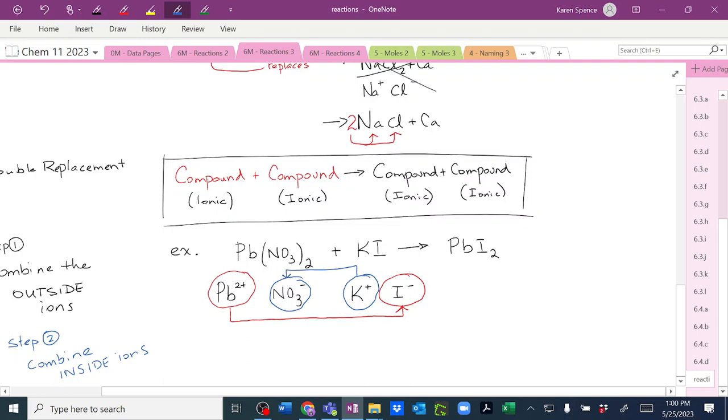Why am I going backward this time? So the K, the positive ion, ends up before the negative ion. So I want the K to go first, and I want the NO3 to go second. They're both positive and negative 1, so that's just going to be KNO3.